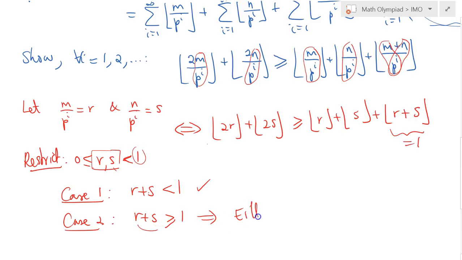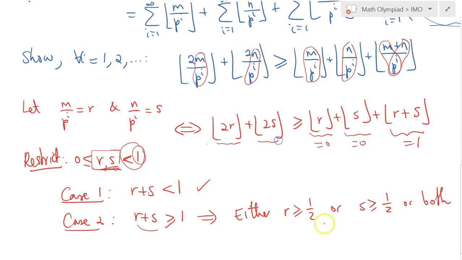So you have two cases: r is greater than or equal to 1/2, or s is greater than or equal to 1/2, or both. And then these will always be 0, so these two won't change because they are restricted to 1. That's the upper bound.